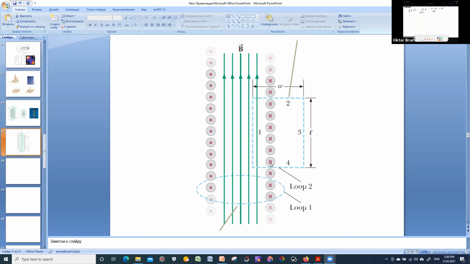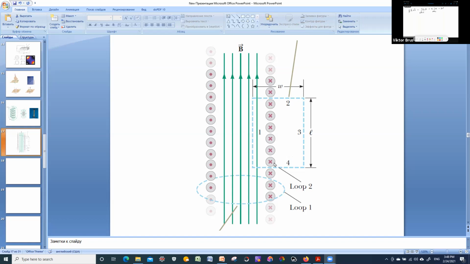So we see that from this side, in these coils, which form the solenoid, electric current is directed from us towards the plane of the image. And we see that there are many coils which are in the area defined by this closed loop.